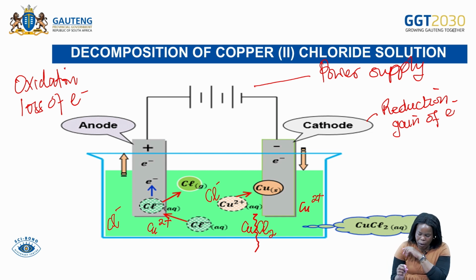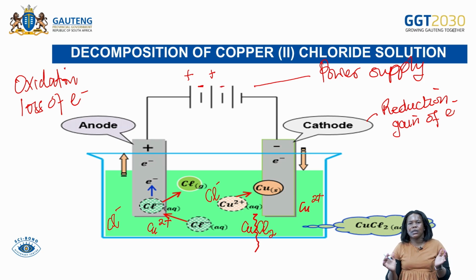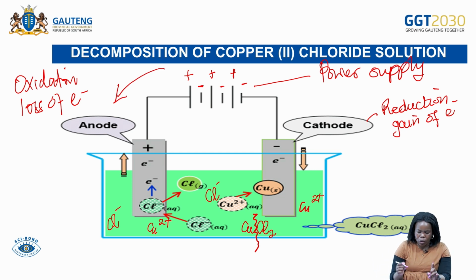So in a power supply, you're going to have a positive. The longer stick is your positive, and then your shorter stick is your what? Your negative. This is your positive, and this is your negative, and so on, depending on how many cells are being connected. All right. So in this case, they just connected 3 cells. Now, in an external supply, the movement of electrons externally always moves from the positive to the what?